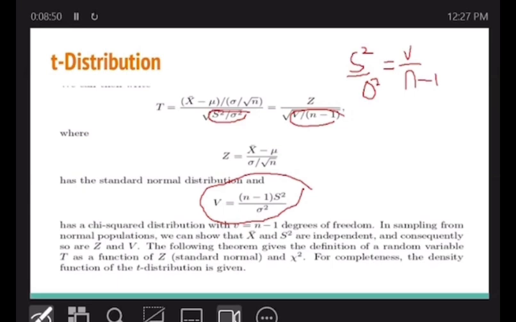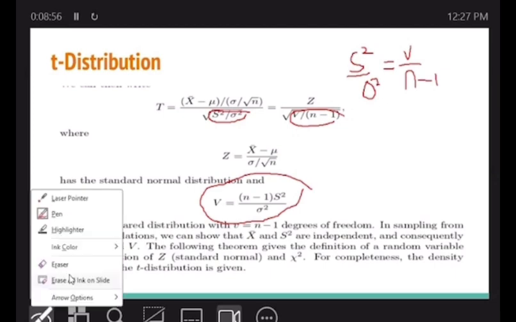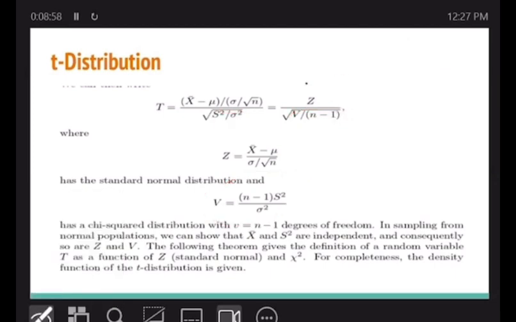If I now want to tell the world about how we formulate the T distribution, I'm going to tell the world that the T distribution actually comes from a Z distribution and a chi-square distribution, because Z is from normal, and V is a chi-square.